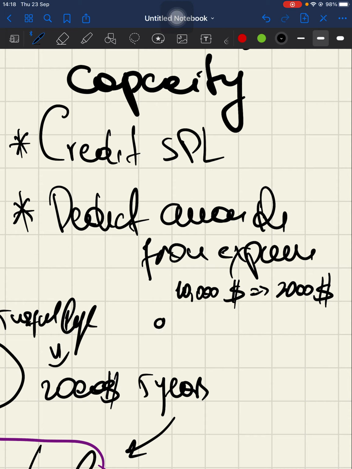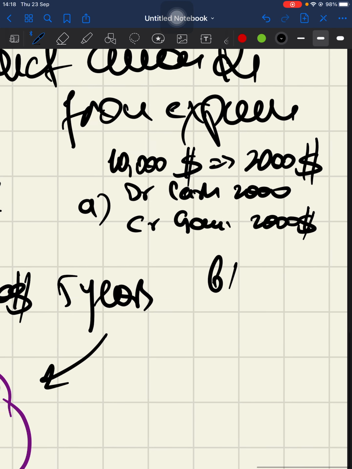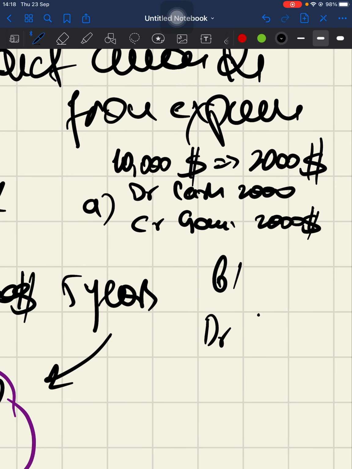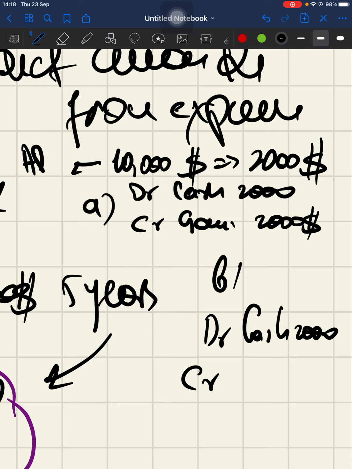So we can either say debit cash 2,000, credit gain 2,000, or we can treat it like debit cash 2,000 and credit, for example, let's assume that this is our admin expense, so credit admin expense 2,000.